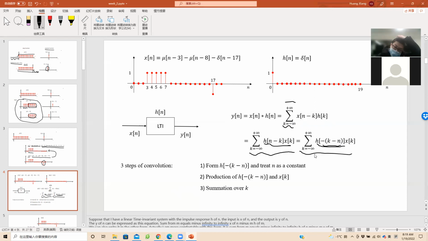First, to generate the output of n, we should find the singulars of h of minus k minus n. The second step is to do the production of h and x, and the third step is doing the summation over k.